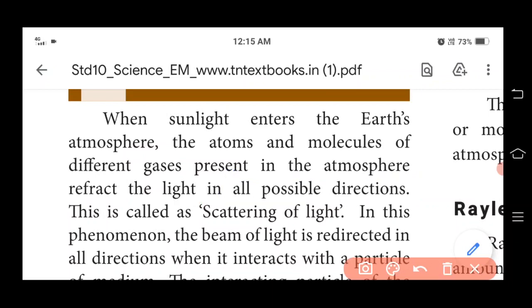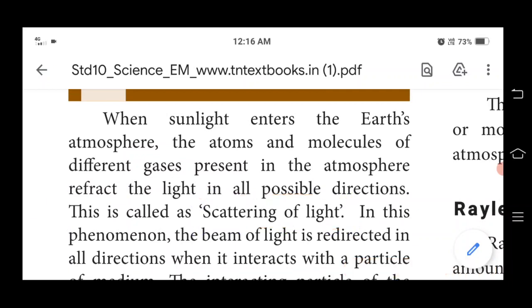Once again, when sunlight enters the Earth's atmosphere, the atoms and molecules of the different gases present in it, we know that the atmosphere contains nitrogen, oxygen, helium and different gases, refract the light in all possible directions. This is called scattering of light.